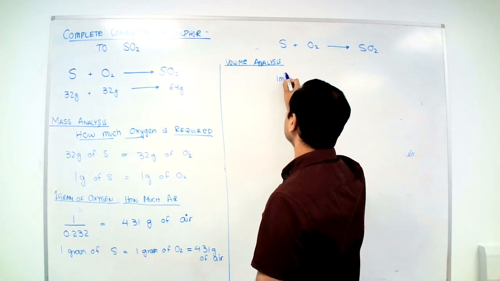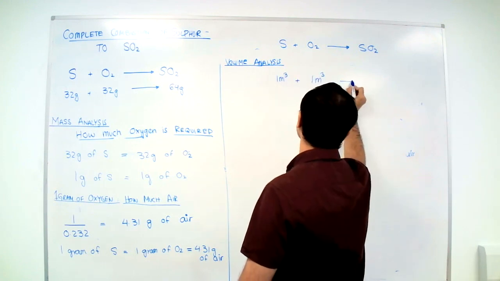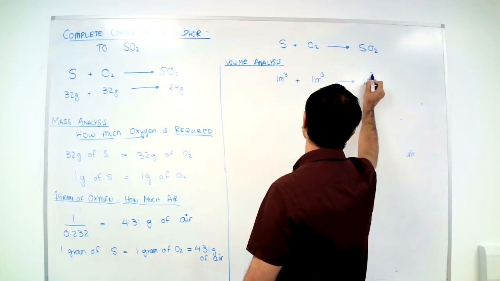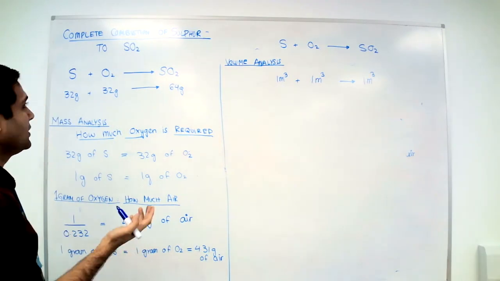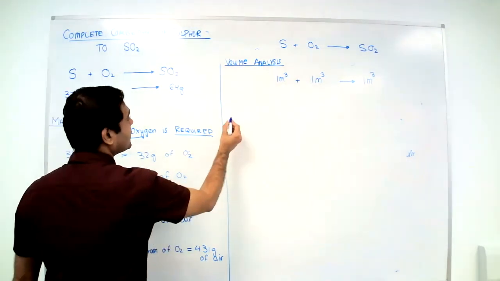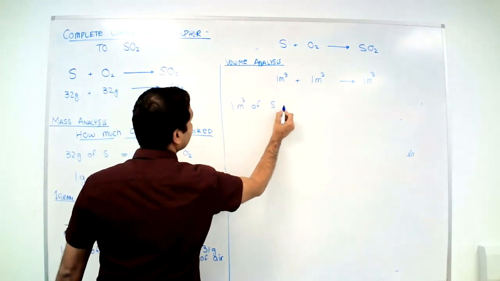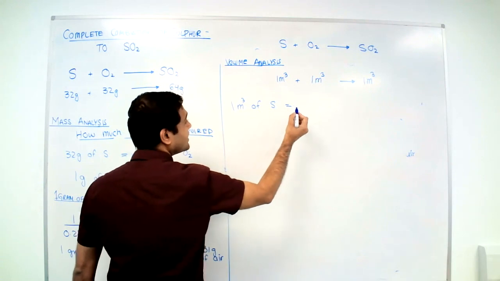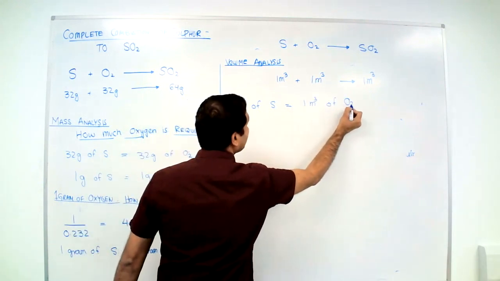So 1 meter cube plus 1 meter cube gives 1 meter cube. Only here that thing will change. So 1 meter cube of sulfur requires 1 meter cube of oxygen.